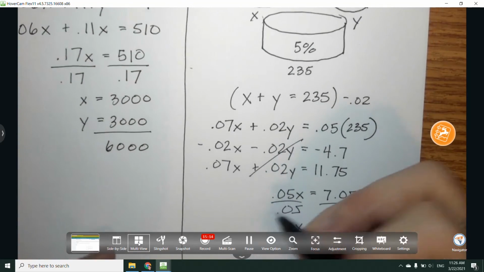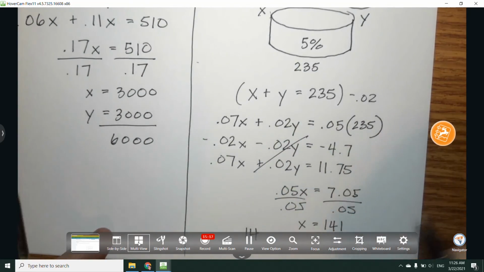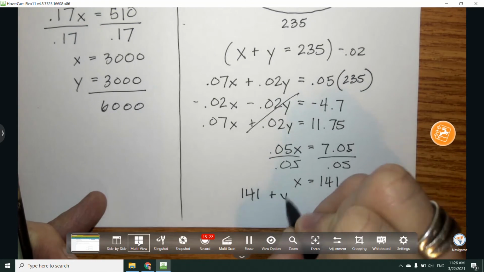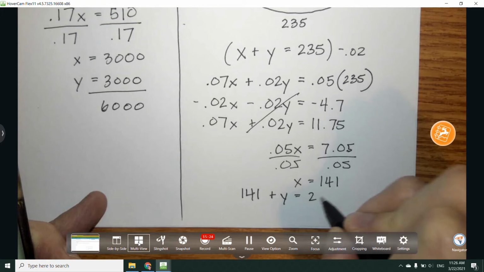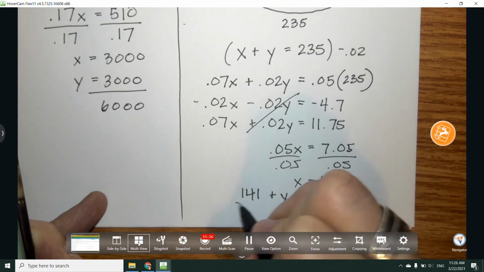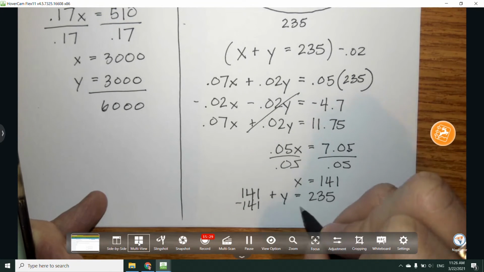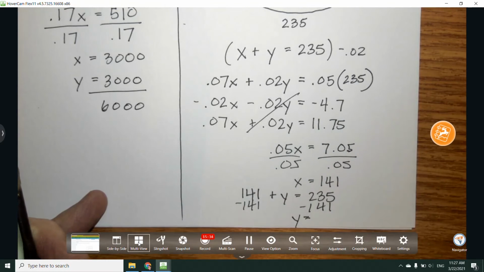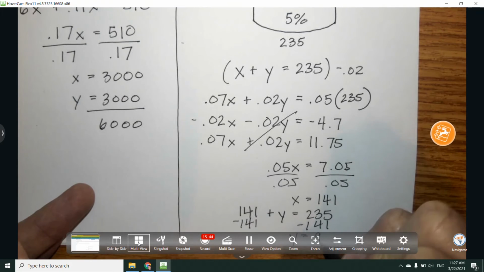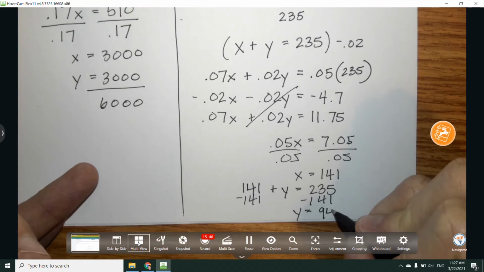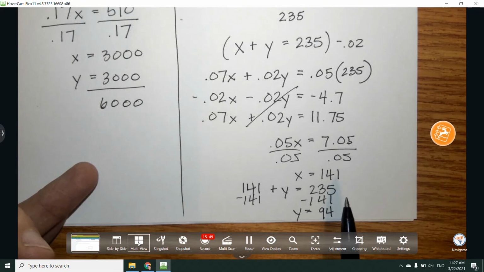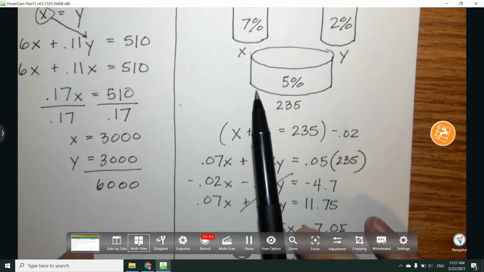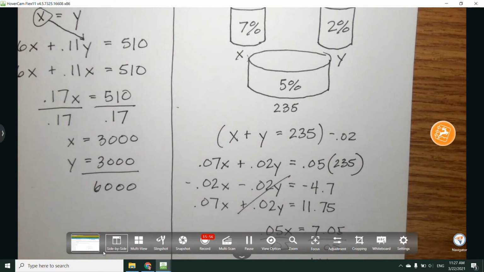So we got 141 plus y is equal to that 235. And so we just subtract 141 on both sides. We find out that y is equal to 94. Remember, we did associate the x with the 7% up here, so that's what we're going to tie that in with.